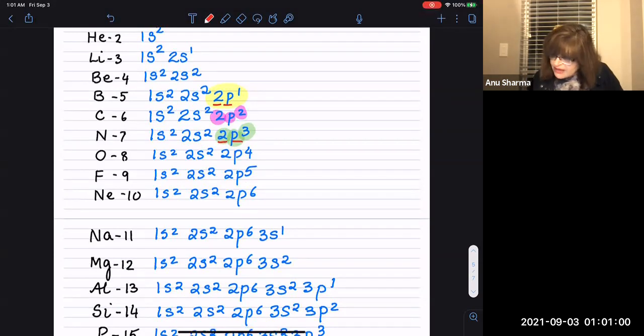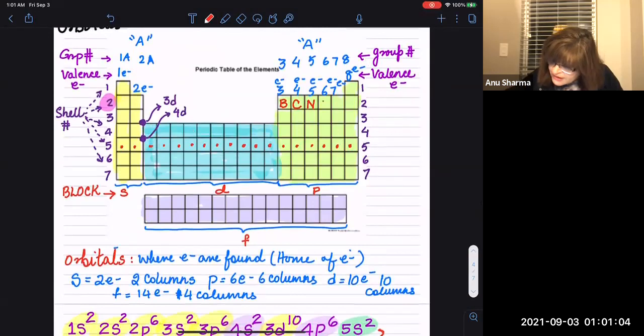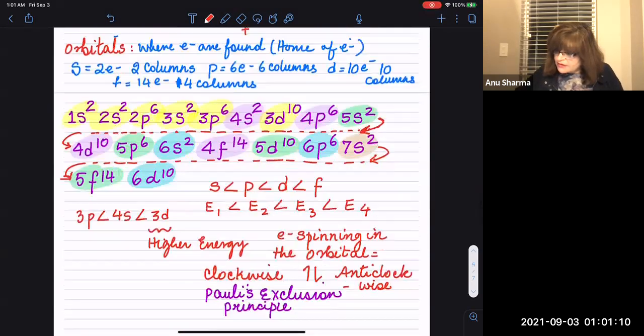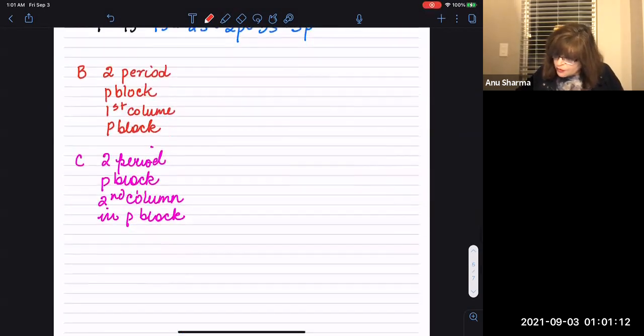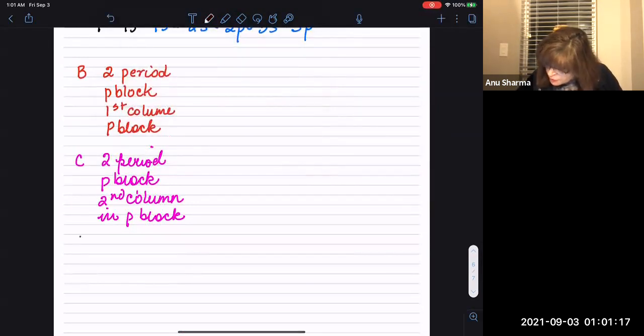Okay, same is the case with oxygen, 2p4. Oxygen is right here, second energy level, fourth column in the P block. This is important, fourth column. So let's put this here one more time, and then after that we'll move further.